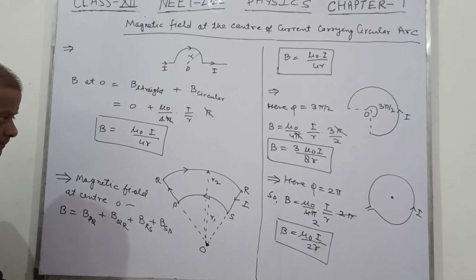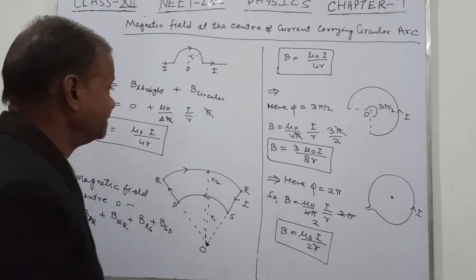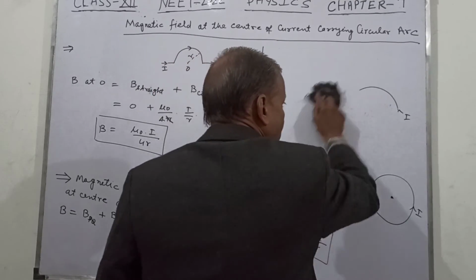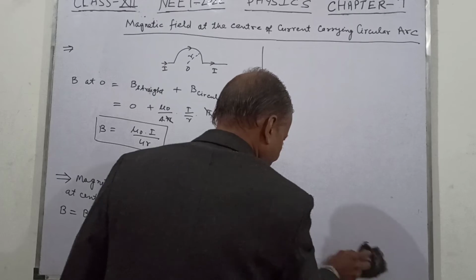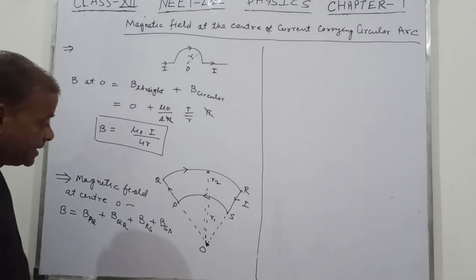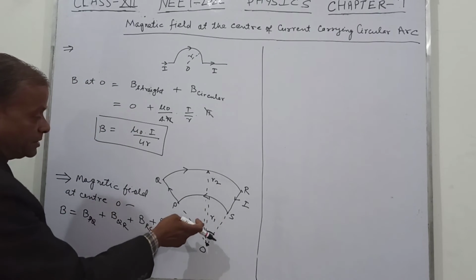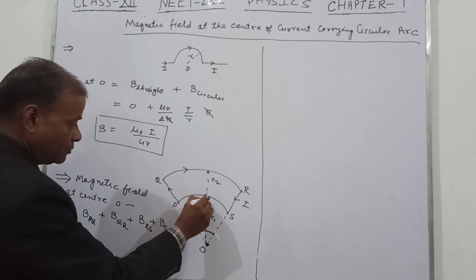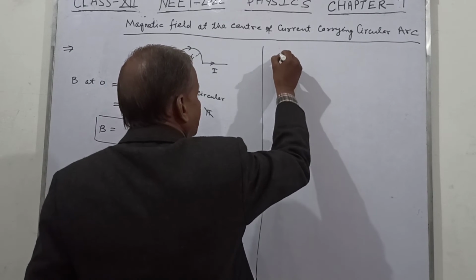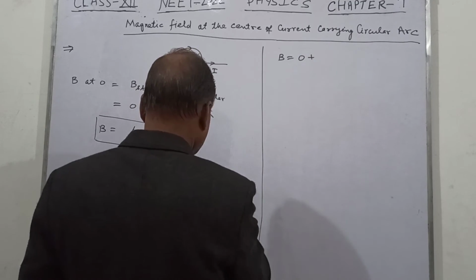So what we have? Now both the arcs are making the same angle. This angle is the same for both the arcs, but the radii are different. This is radius R1, this is radius R2. So B equal to, this is now your 0 plus, then this.